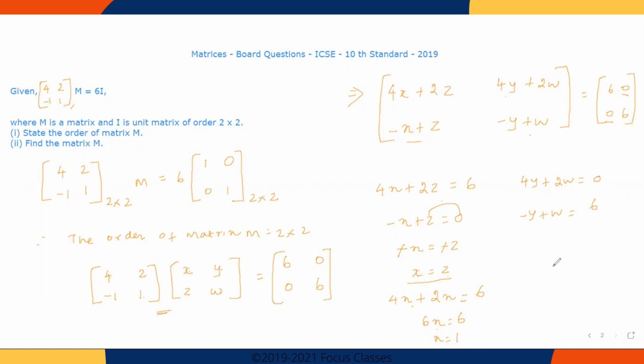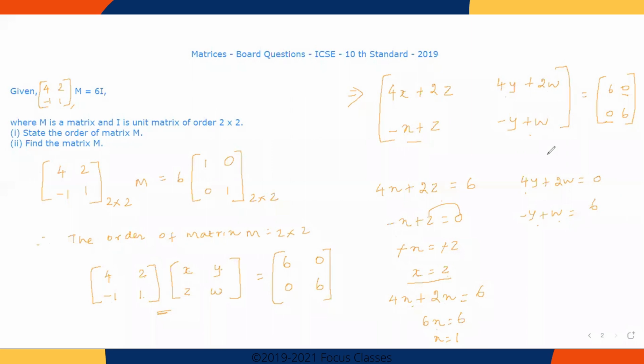And then here minus y plus w is equal to 6, and 4y plus 2w is equal to 0. Now we need to find these two variable values.